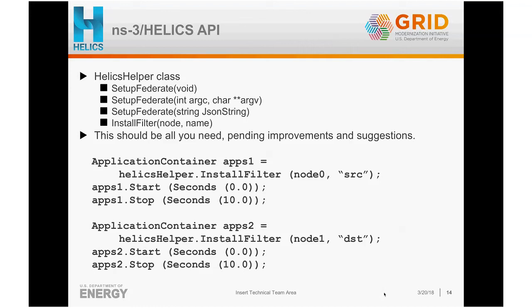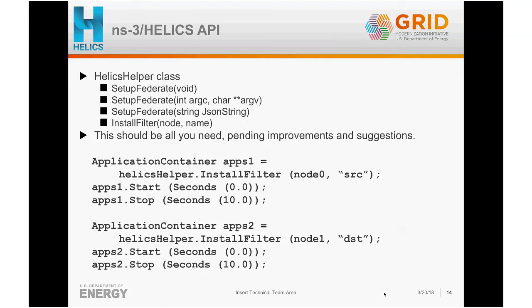Then the only other function you'll need to use is the install filter function, and you specify an NS3 node and then the name of that node, and that name corresponds to the endpoints you registered in the previous slides, the basic message federate. So there was a quote source and a quote dest filter or endpoint names.